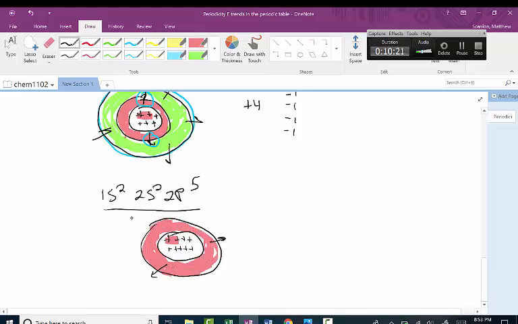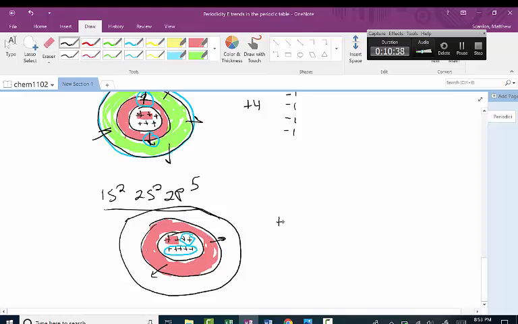We'll put our second shell in, which I draw bigger, but it's actually the opposite way, because now I have 1, 2, 3, 4, 1, 2, 3, 4, 5, 6, 7 protons.